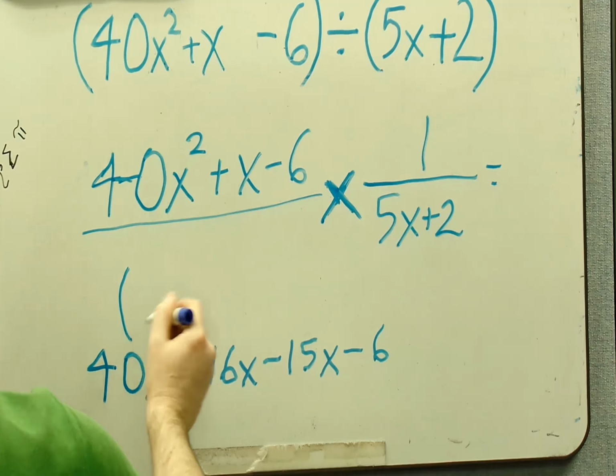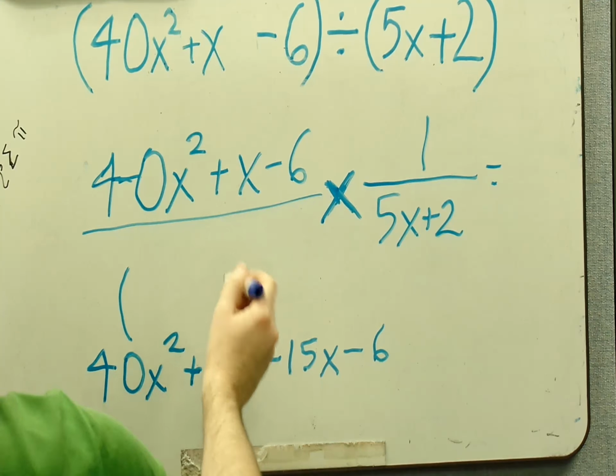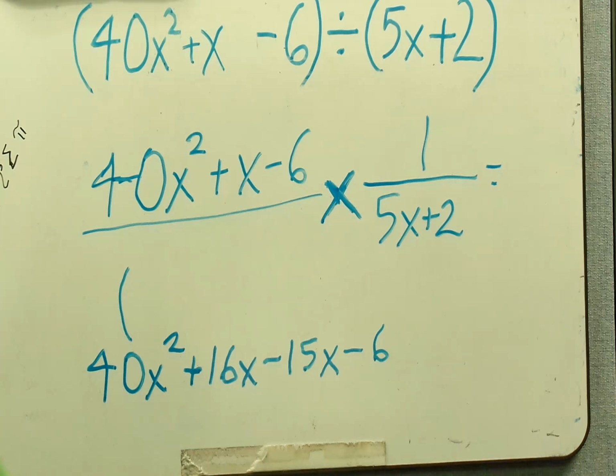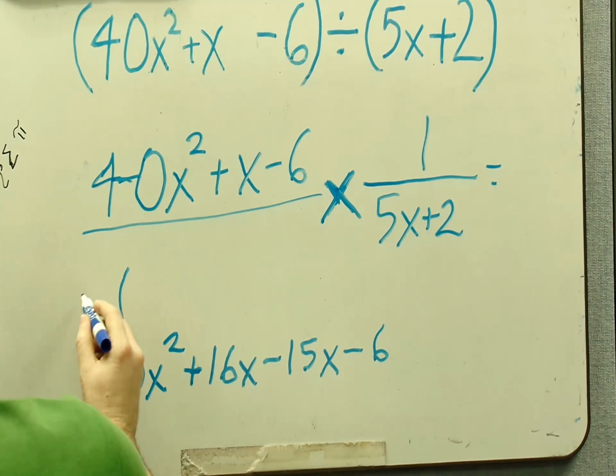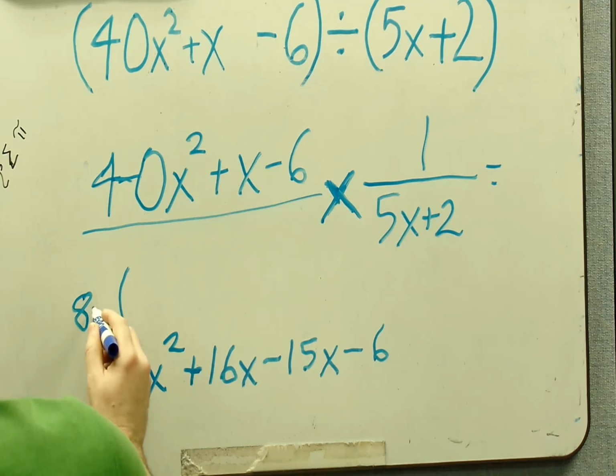So how can we take down the 40x squared and also the 16x? What is the highest number that goes into both of those numbers? Well, how about an 8? And notice the x squared and the x, let's take out an x. So we're going to write 8x.